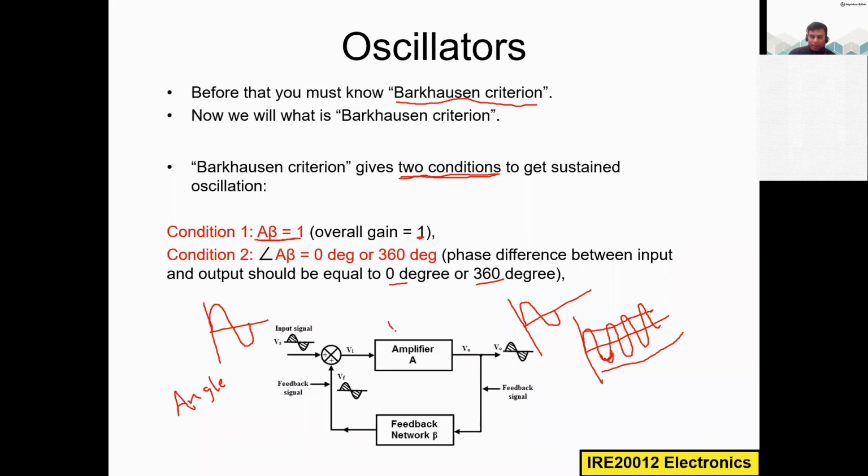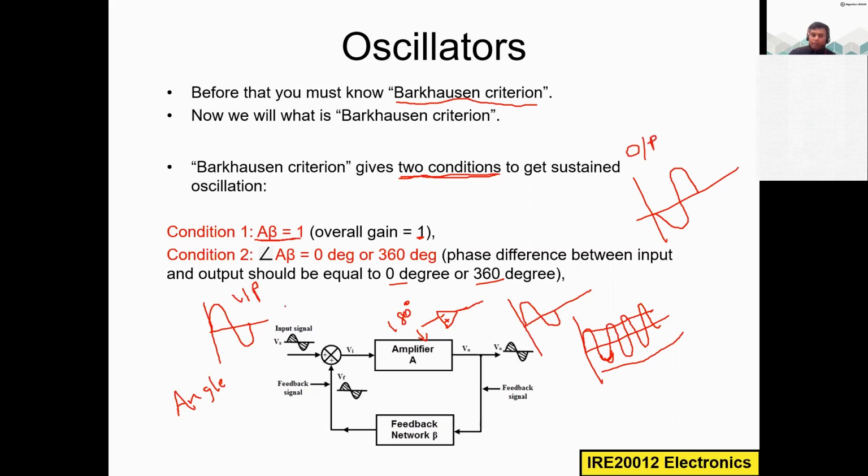Sometimes I get 180 degree phase shift in this amplifier stage. For example, if I use the operational amplifier, minus plus, and I apply the input to this negative input terminal. Remember, in the operational amplifier, whenever I give the input to this negative terminal, at the output I will get the opposite, right? 180 degree phase shift. So the output will start from here. This is called phase shift. Now this is the input and this is the output.